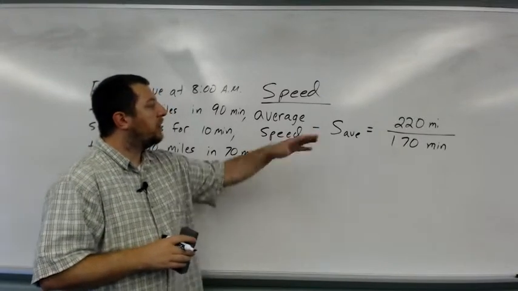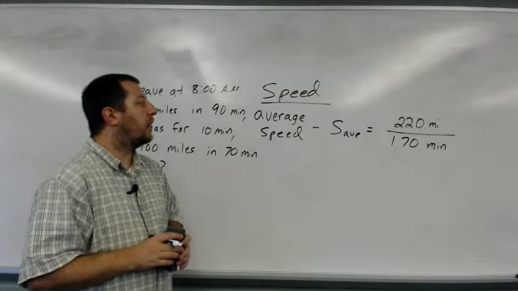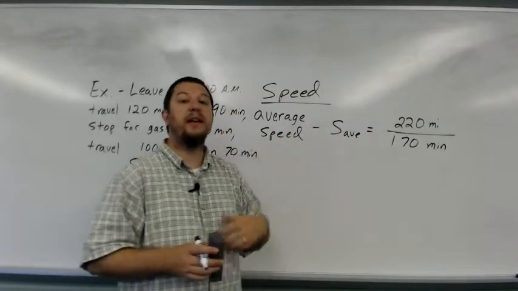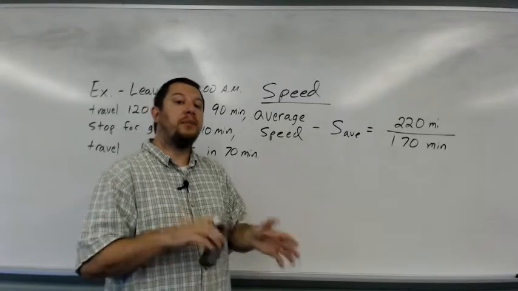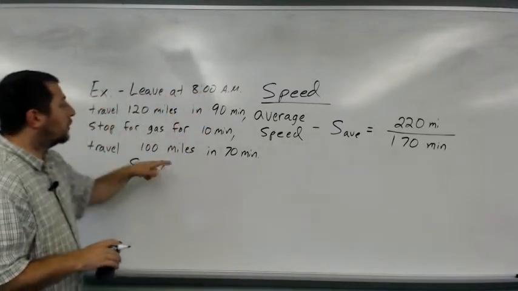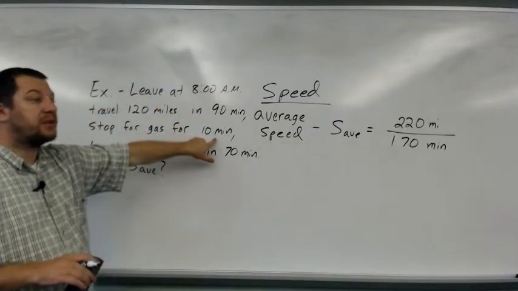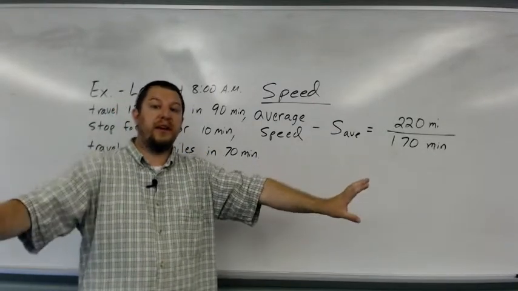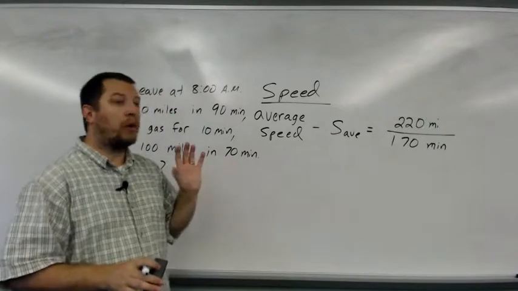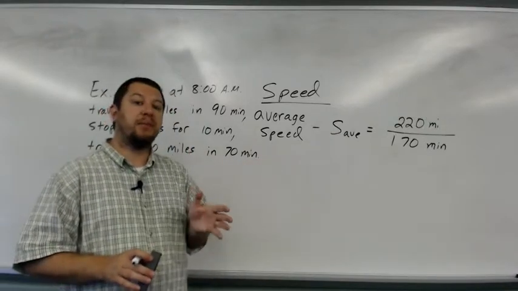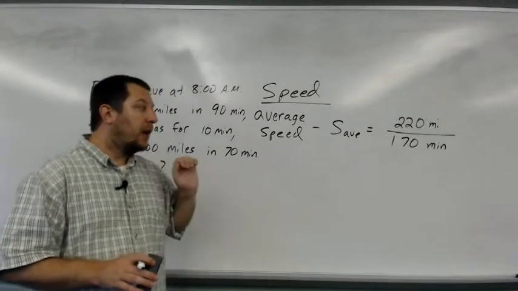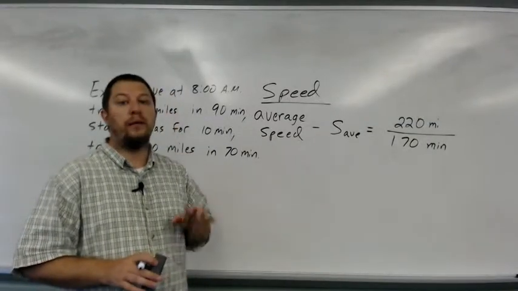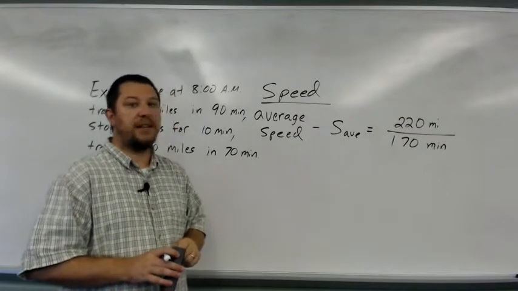And so if you take that quotient, if you take 220 and divide it by 170, that will give you your average miles per minute. And that includes the amount of time that you stopped, because if all you're concerned with is when you left and what time you got there, then your average speed would represent the speed your car would have to be going constantly throughout the whole trip to move that same distance in that same time interval.